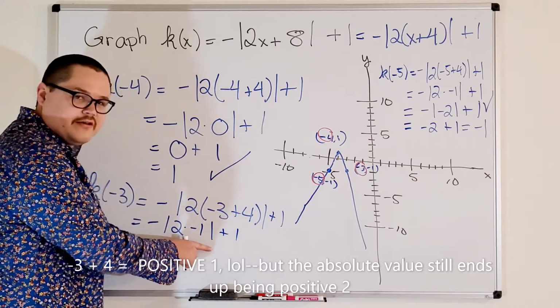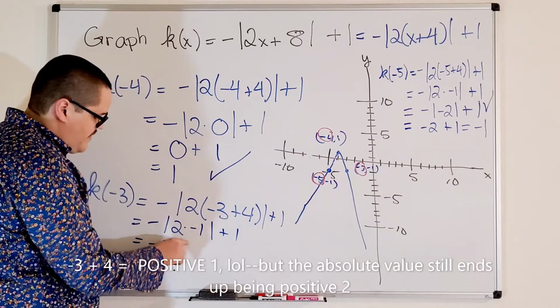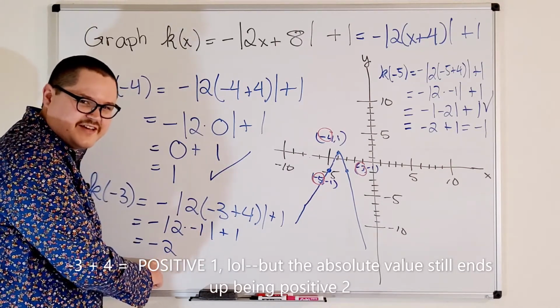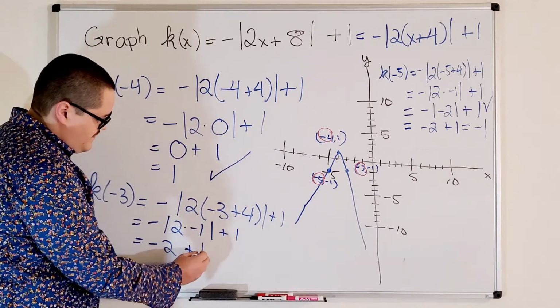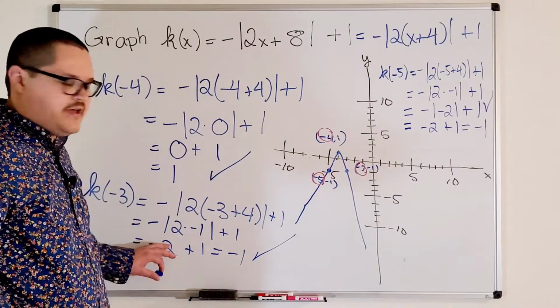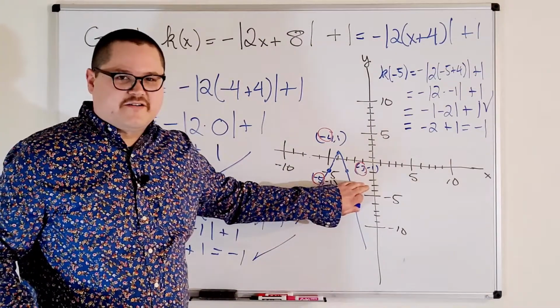Take the absolute value and you get positive 2. Positive 2 times that negative outside takes us back to -2 again. And we do indeed get -1, which means the point (-3, -1) is on our graph.